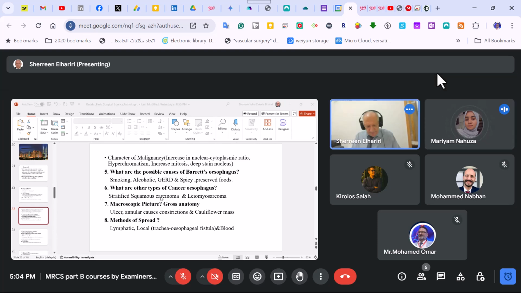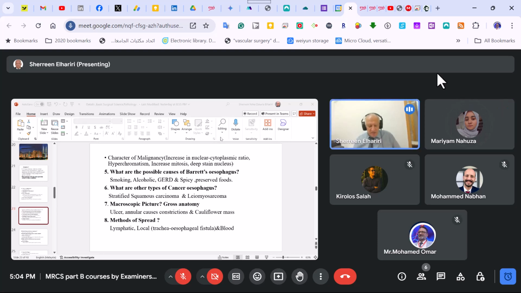Leiomyosarcoma. What else? Stratified. What is the macroscopic gross picture of the cancer? There might be constrictions, clefts like ulcers, and growth, like a mass, a cauliflower growth.